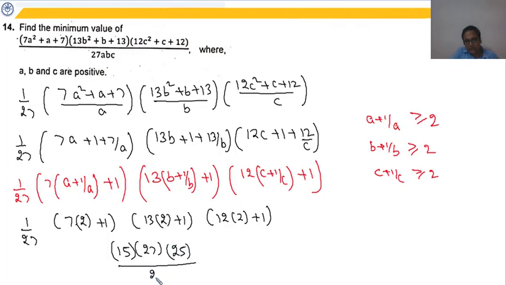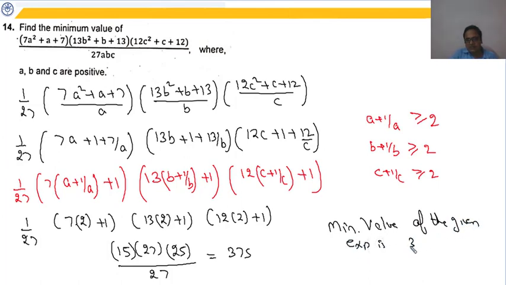And we had 27 in the denominator. This 27 cancels out, so we got the minimum value as 15 into 25, which comes out to be 250 plus 125, 375. So we can say minimum value of the given expression is 375. This is minimum value, or it is higher value.